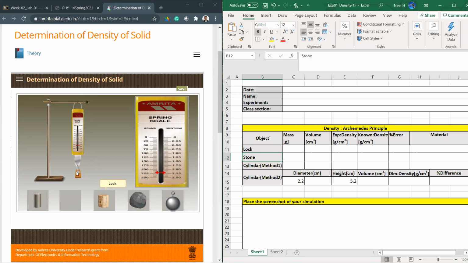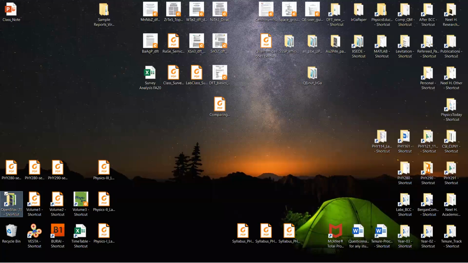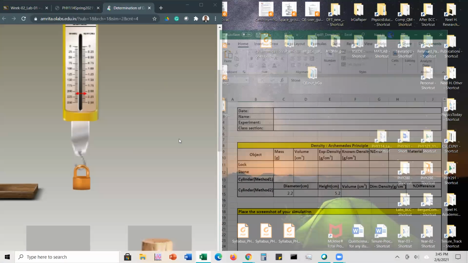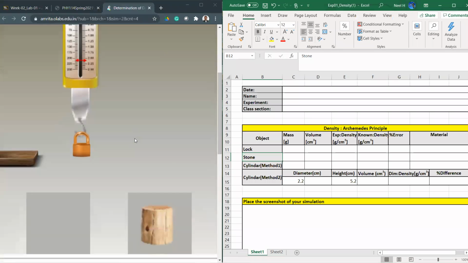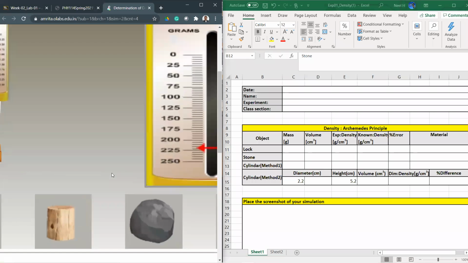The lock is the padlock. I already clicked that. So all you have to do is click on any of these objects, and that particular object goes and hangs on the balance, right? So click on the padlock. Now that is hanging. Let's read that mass on our scale.